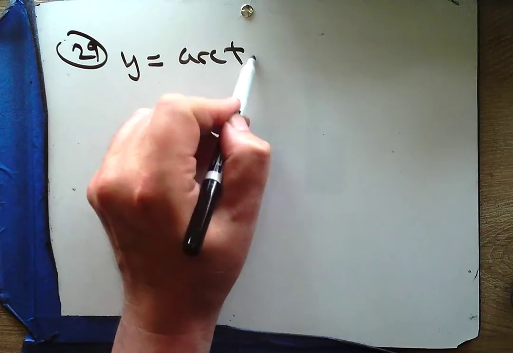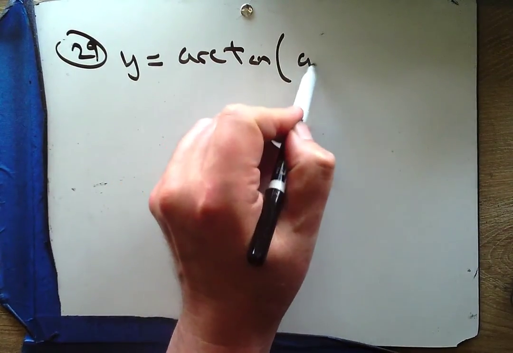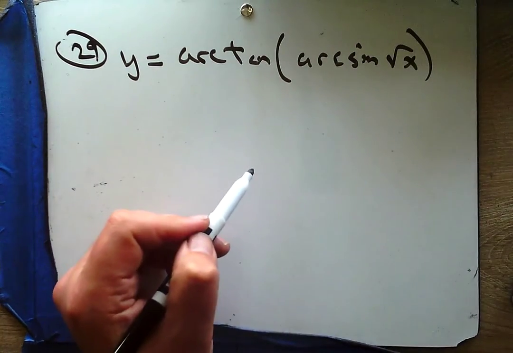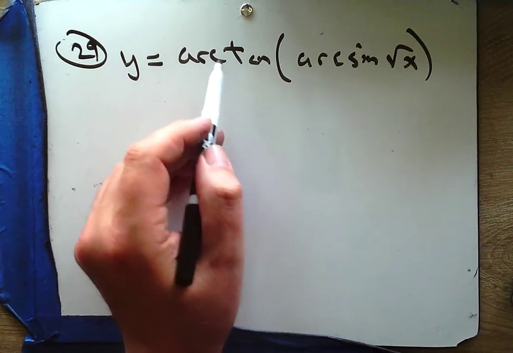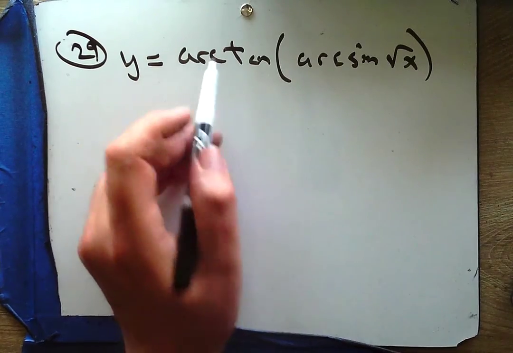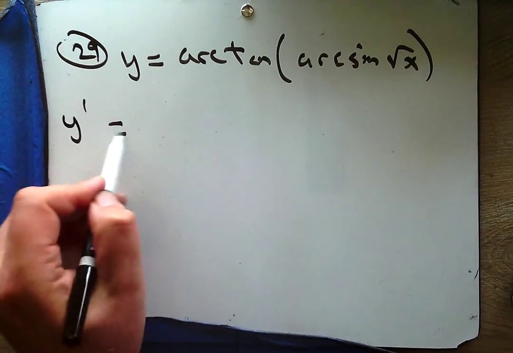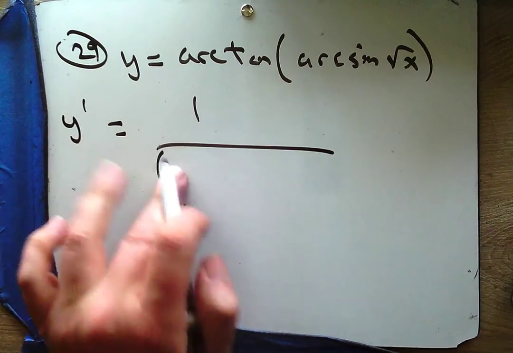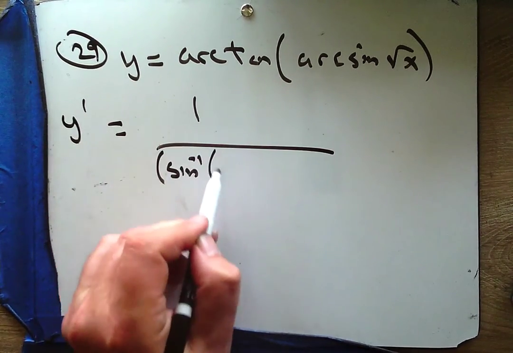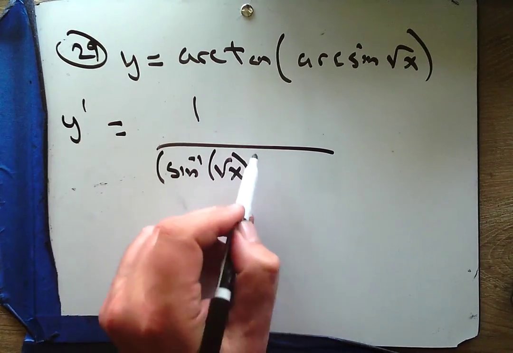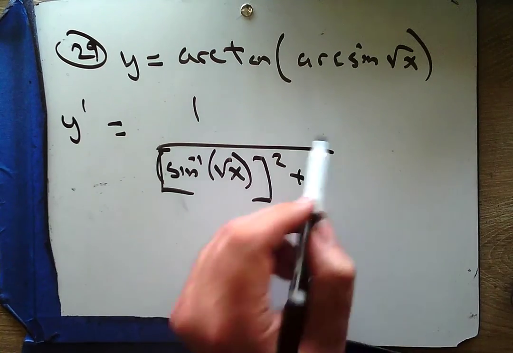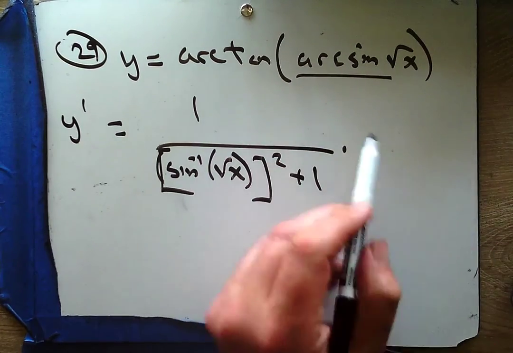29. Oh, isn't that interesting? 29. Y equals arctan of arcsine of square root of x. Okay, so remember the derivative of inverse tangent is 1 over stuff squared plus 1 times the derivative of stuff.